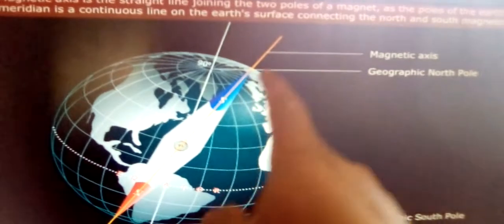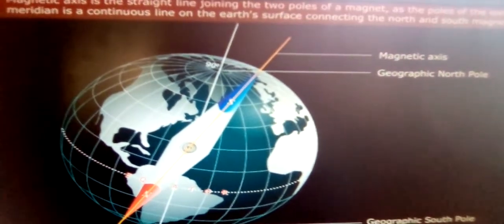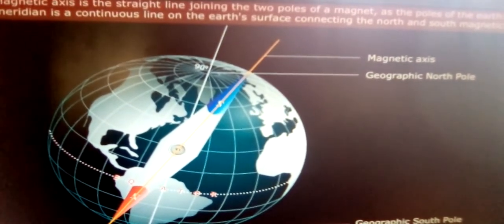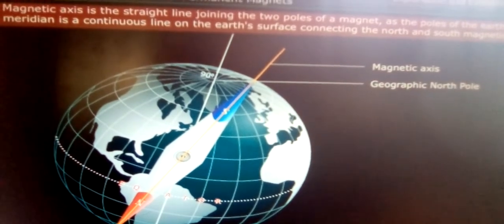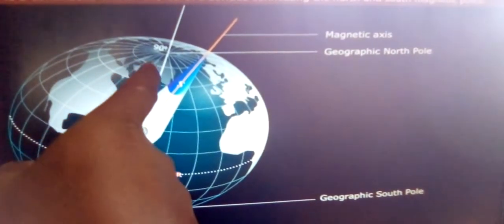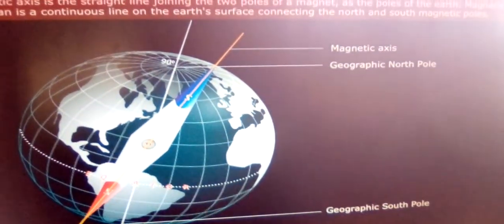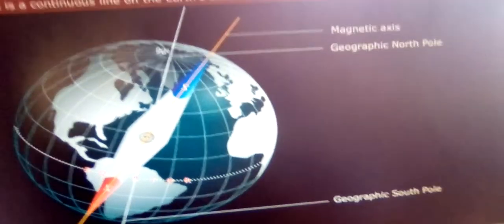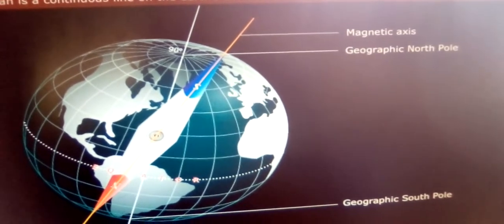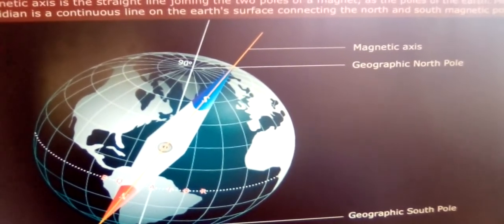Okay, so the yellow line represents the magnetic axis, and the white line represents the geographic axis, which is the axis of rotation of the Earth.